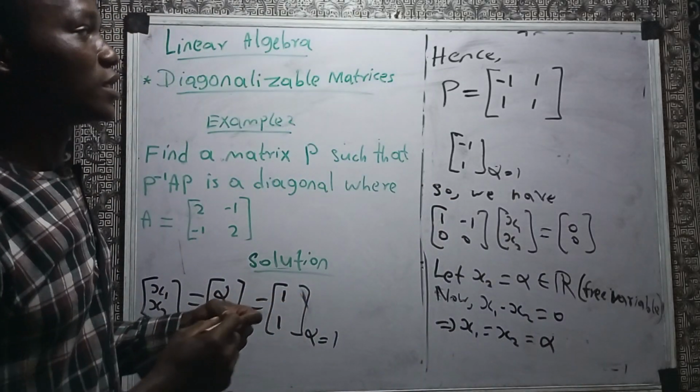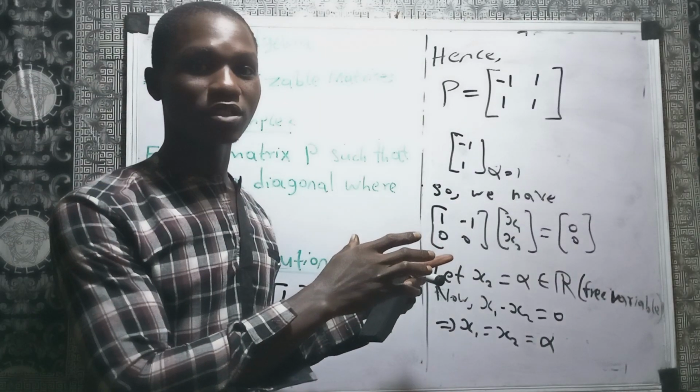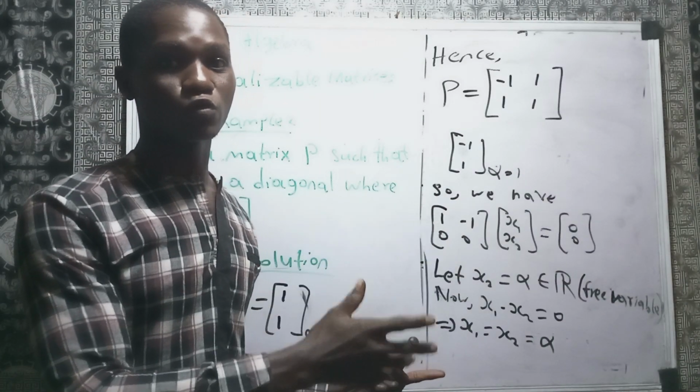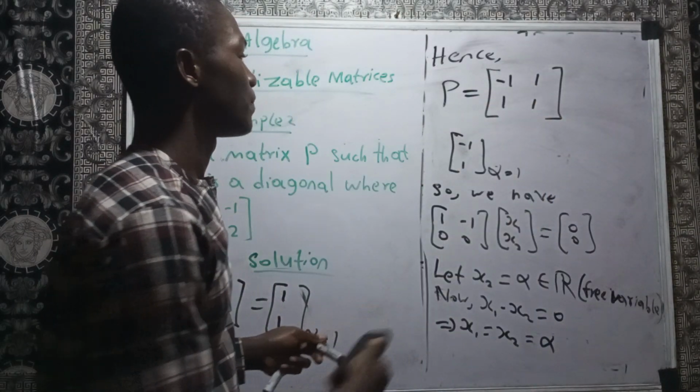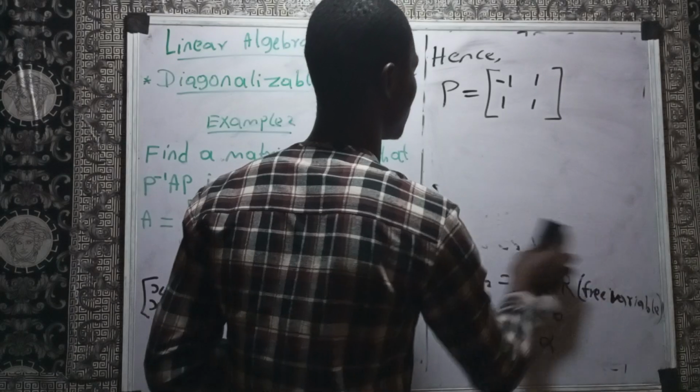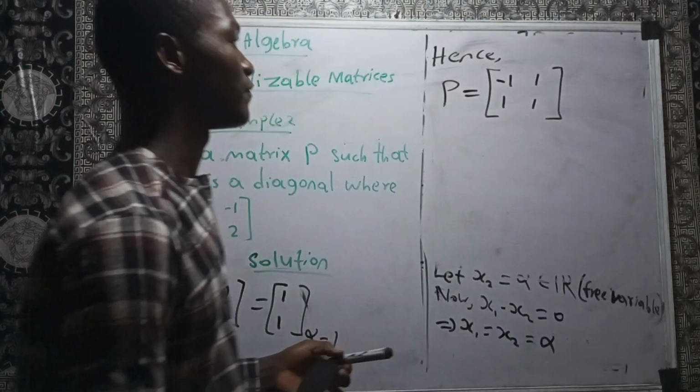So this matrix P has been formed by what? Those two vectors have formed the columns of this matrix P. And this is actually what we have.